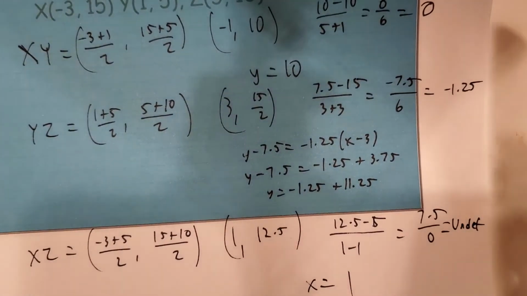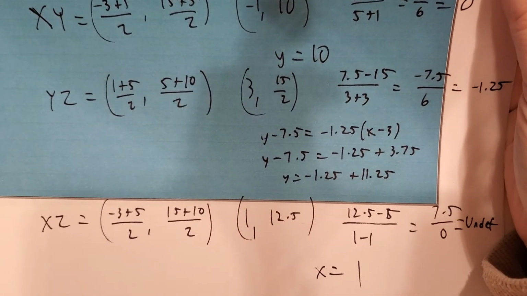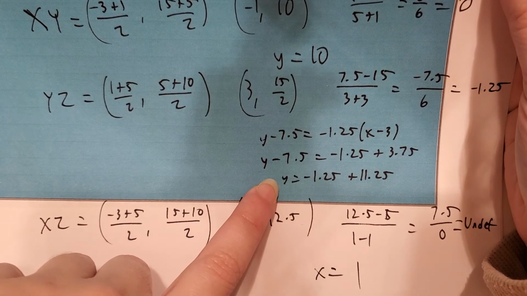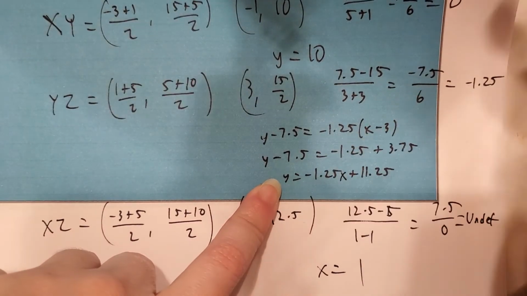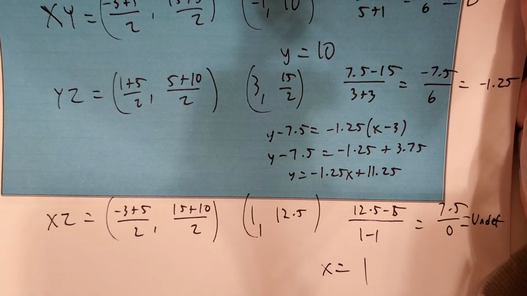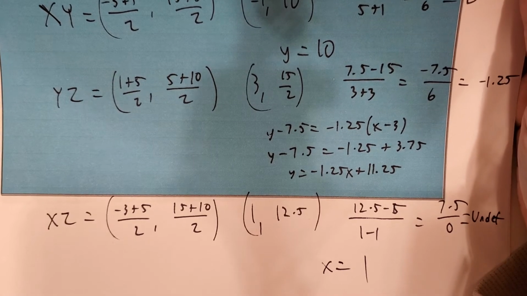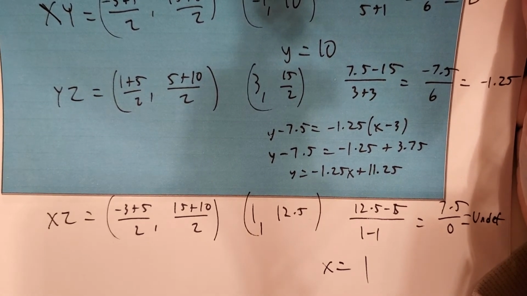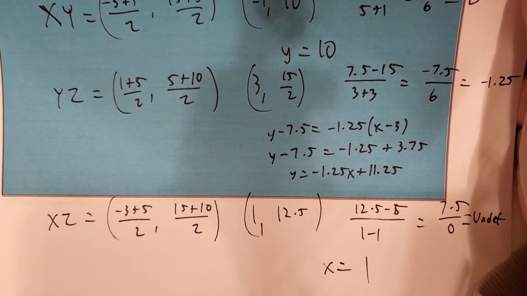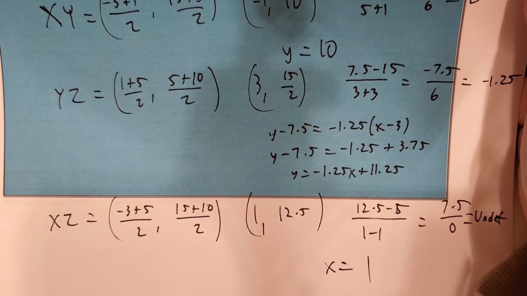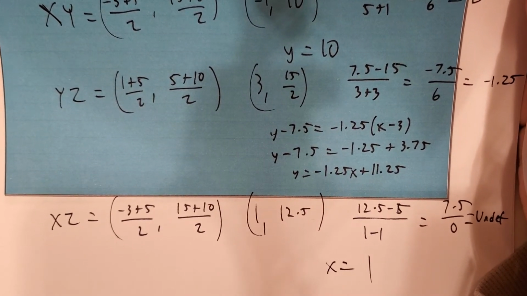I went through all this because normally, if you had all 3 equations in your normal y equals mx plus b format, you could pick any 2 of them, set them equal to each other, and solve sort of like a system.